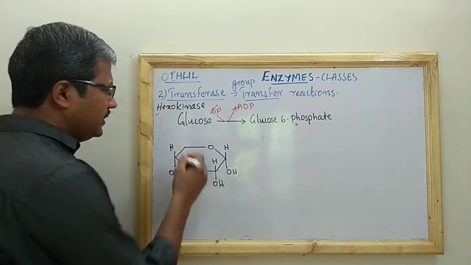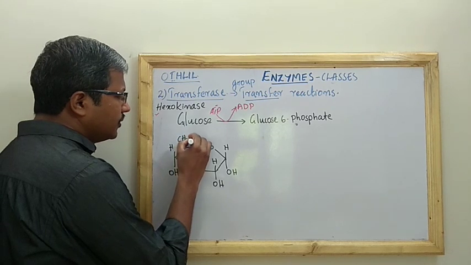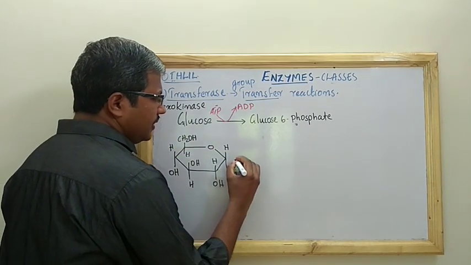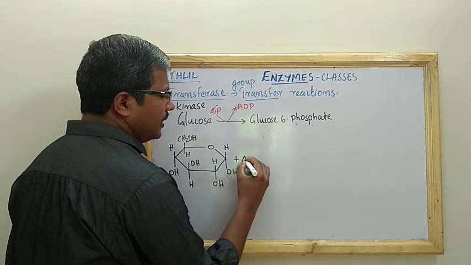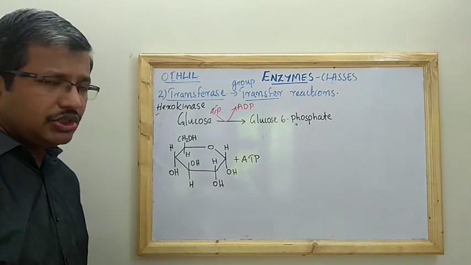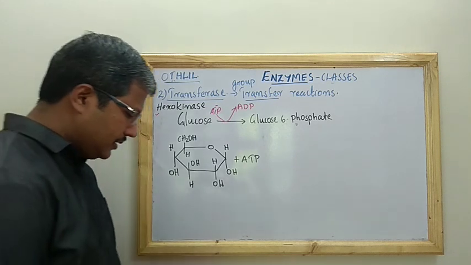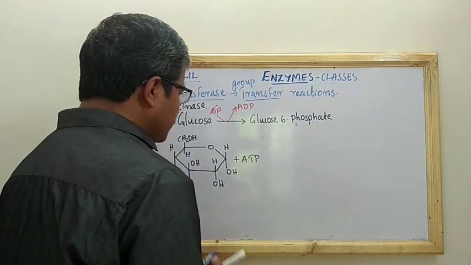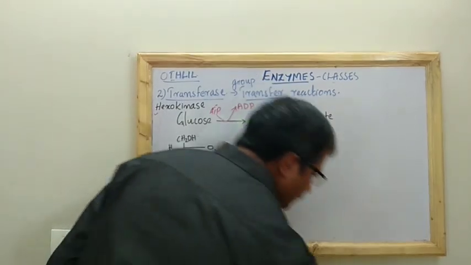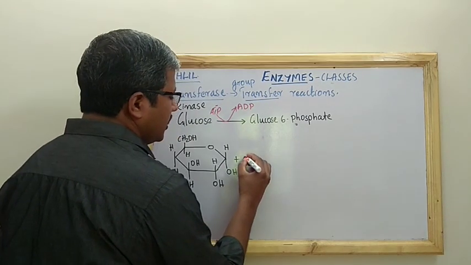Pause the video and draw it yourself to ensure that you remember it. Now it is with the ATP, adenosine triphosphate. You will learn the structure of adenosine triphosphate in the energy rich molecules part of your chapter. I am writing ATP in red so that you can understand it is coming from the ATP.